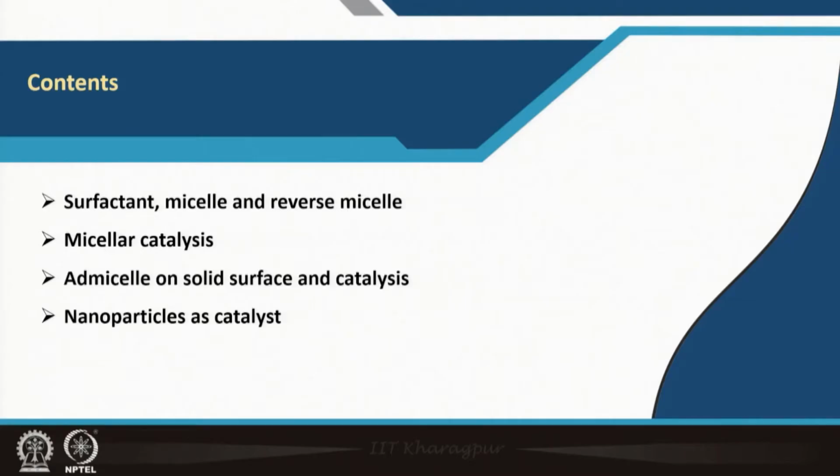Now, as I told you, catalysis is very important, and in this lecture I will talk about a little bit of research related things, but very important for catalysis. I will talk about surfactant, and tell about micelles and reverse micelles, then how catalysis can happen within the micelle.